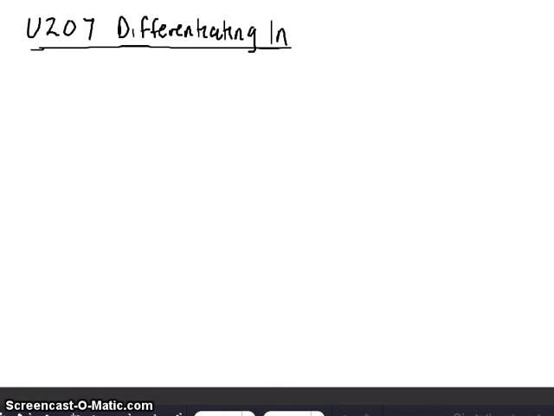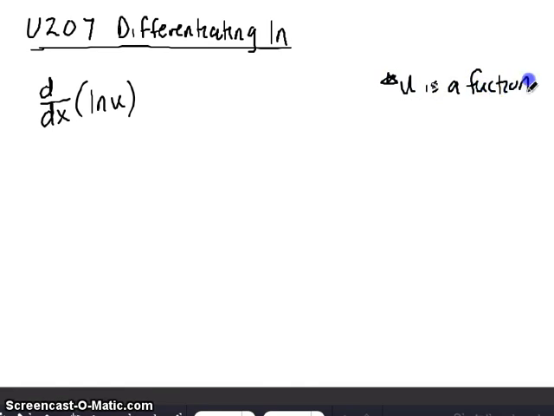So how this rule looks is if we are taking the derivative of natural log of some thing that we're going to call u. So instead of doing this in terms of x, we're going to do it in terms of u. And off to the side here, we'll say that u is a function of x. So the derivative of the natural log of u is simply going to be u prime divided by u.